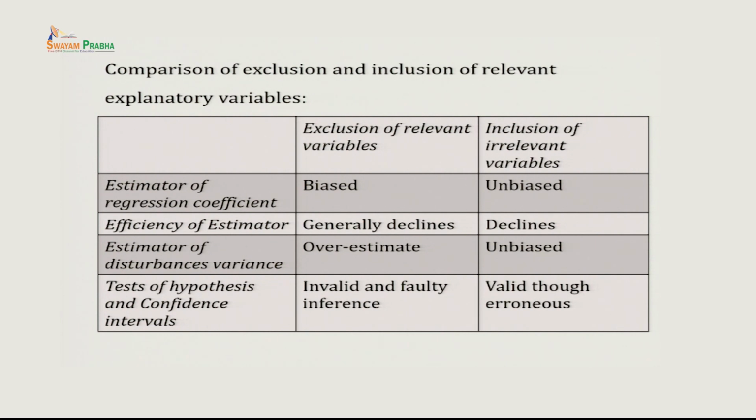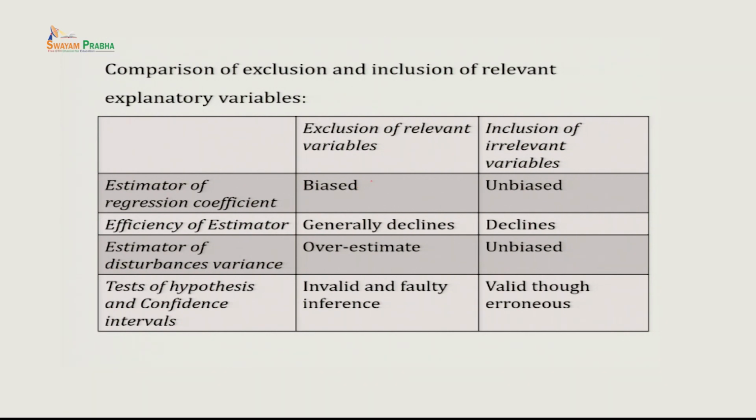So in this table we have summarized our results. Suppose you are excluding the relevant variables, then we have shown that the estimator of the regression coefficient vector becomes biased.